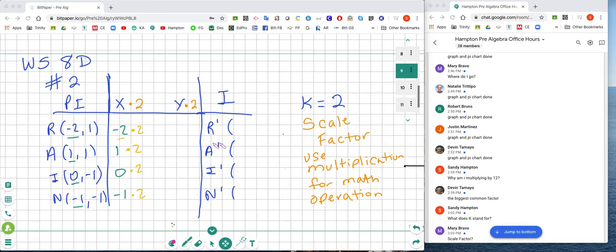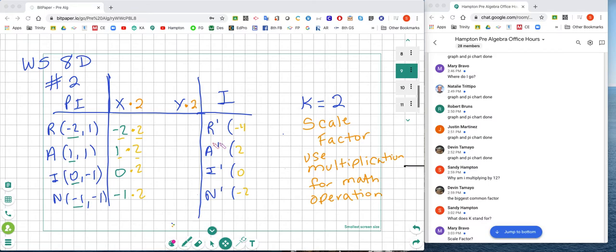So -2 times 2 is -4. 1 times 2 is 2. 0 times 2 is 0. And -1 times 2 is -2.